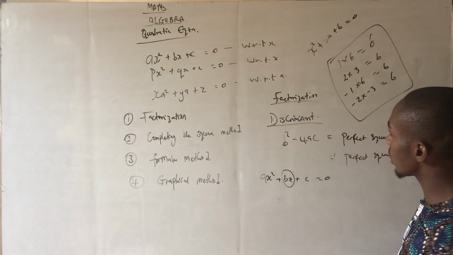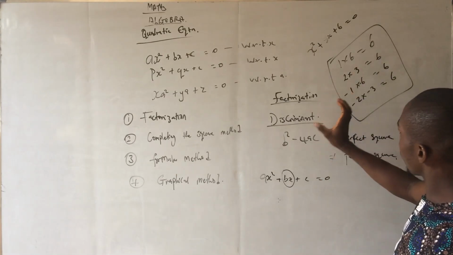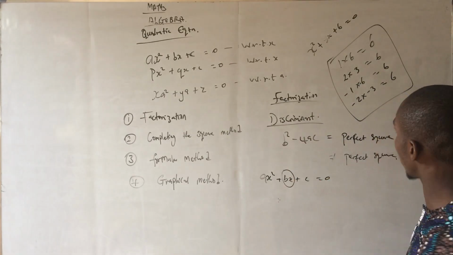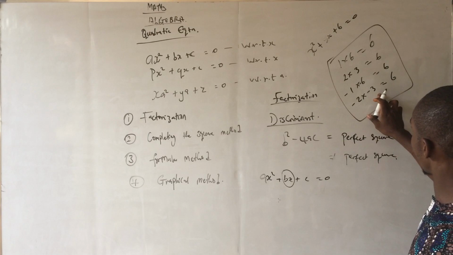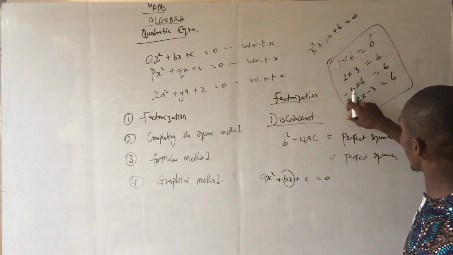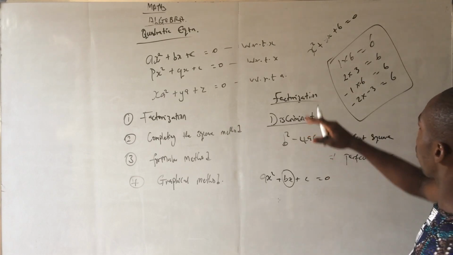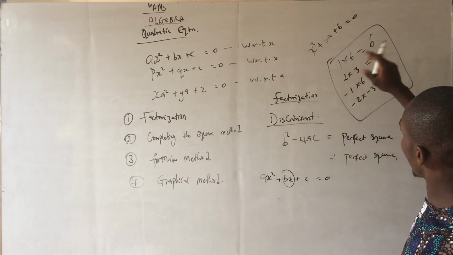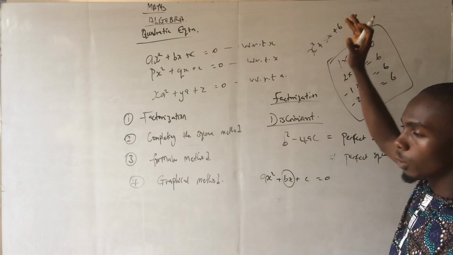The next thing we check is which of them gives us 5 when we add them together. If we add -3 and -2, it gives us -5, and what we have here is +5. We have -1 and -6, it gives us -7, but what we have here is +5. So we have +2 plus +3, which gives us +5.